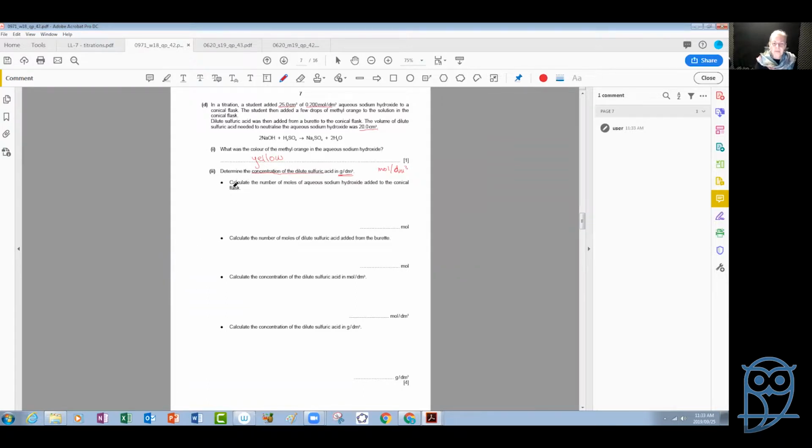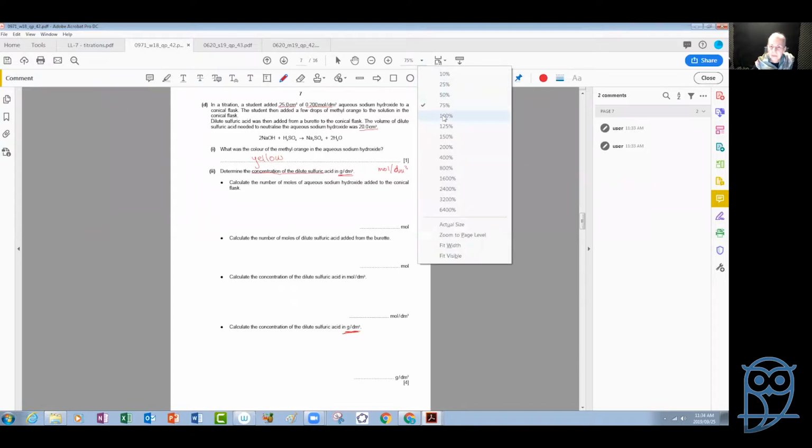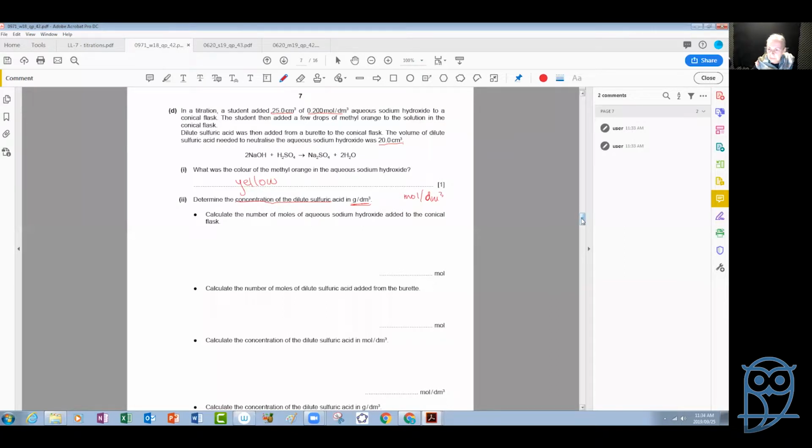So if we follow all those steps, at the end we end up finding the concentration in grams per cubic decimeter as they ask. So be careful when you see those dots. They actually split it into the steps that we have to follow. So now that you can see, we have 1, 2, 3, four dots to go. Let us make it a bit larger so that we can write here.